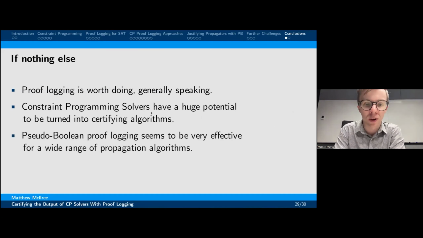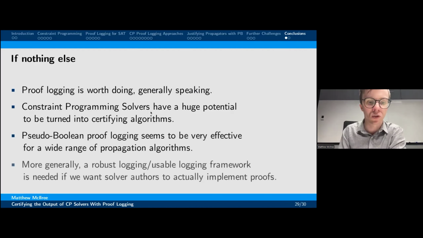Pseudo-Boolean proof logging seems to be effective for a wide range of propagation algorithms. Basically, any propagation algorithm we have yet looked at, we've been able to find reasonably efficient pseudo-Boolean justifications for. But more generally, we do need a robust and usable logging framework that's easy for solver authors to use.